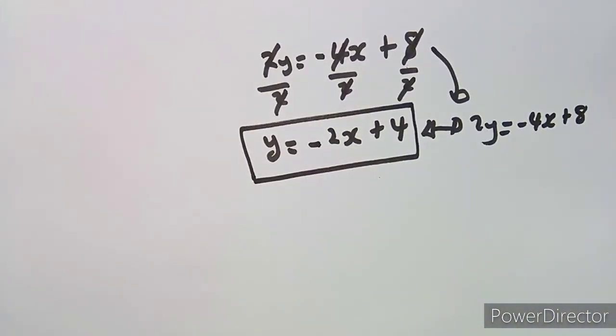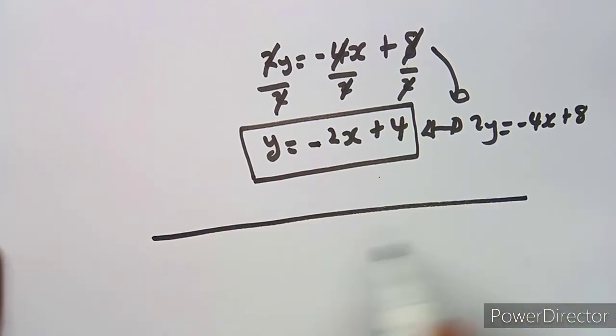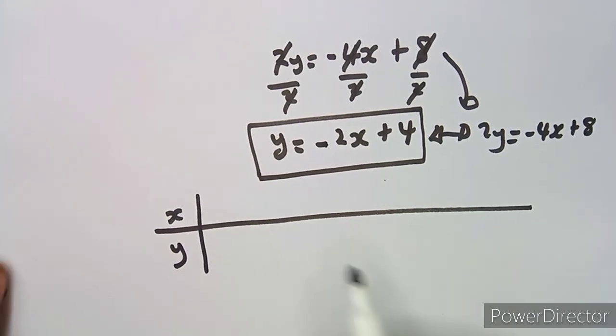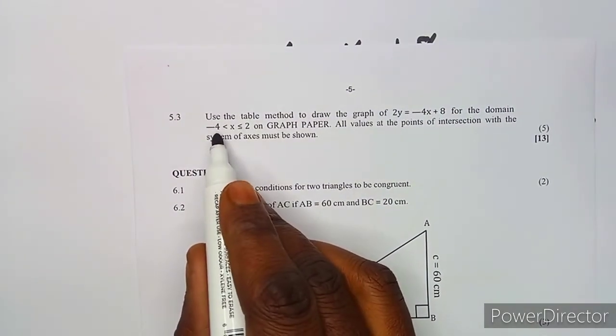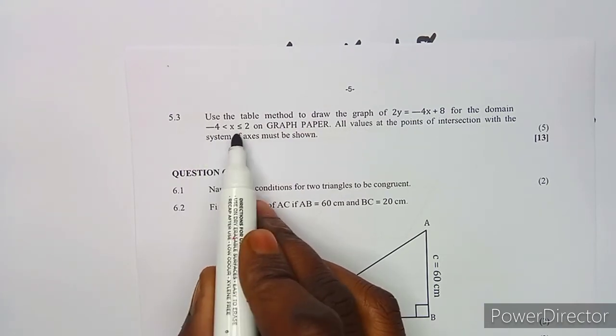All right, so we can actually create a table for this one because it's in its simplest form, so it is not going to strain us much. We just need our table, x and y. Remember, we are given the values of x to take from -4, but take note, x is greater than -4, less than or equal to 2.